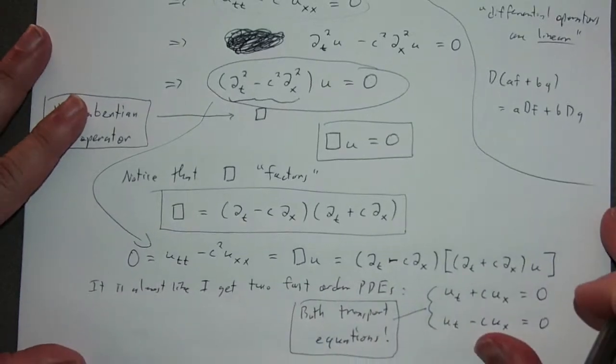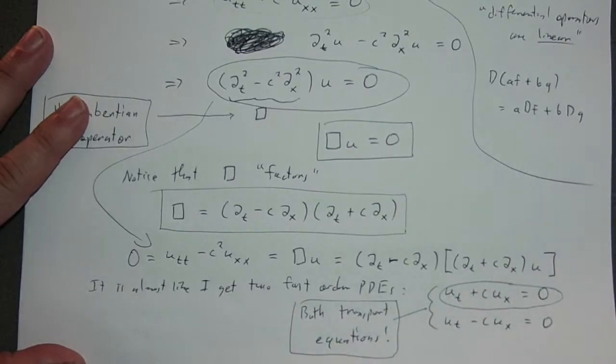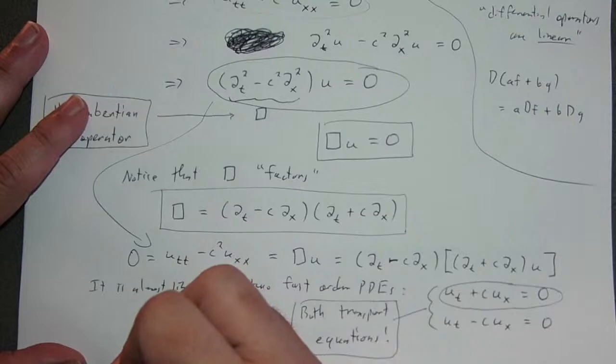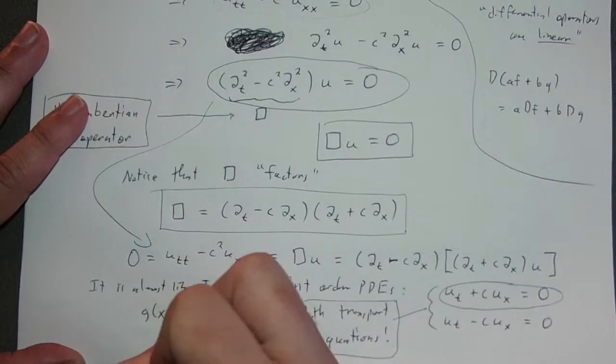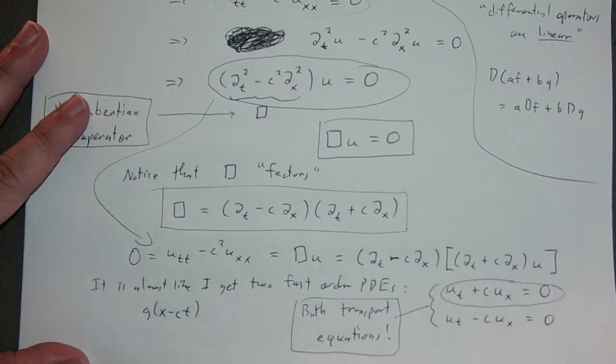In fact, what is the general solution to this? This is like g of x minus ct, which was what we found to be the general solution, where g is the data function.